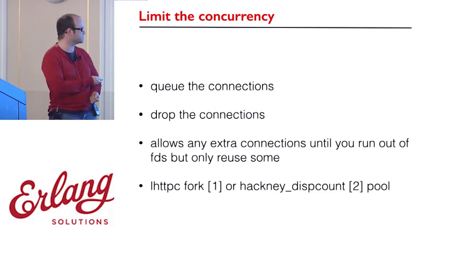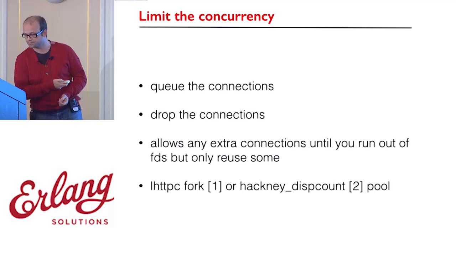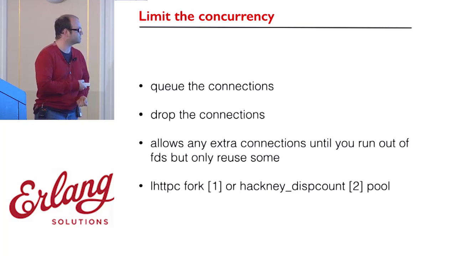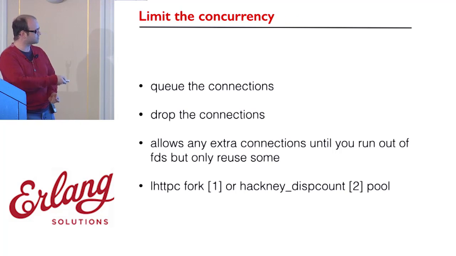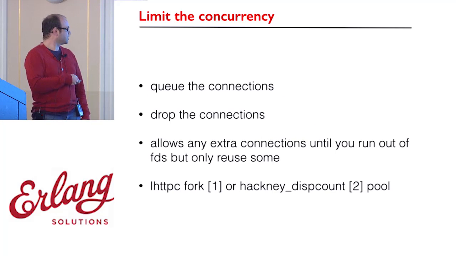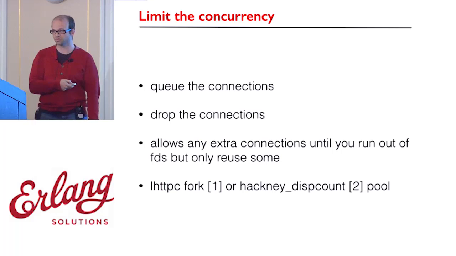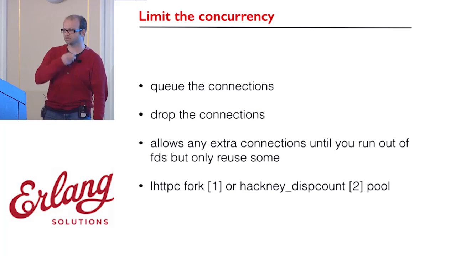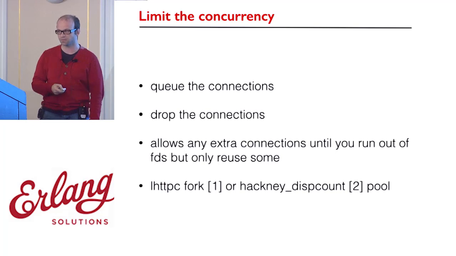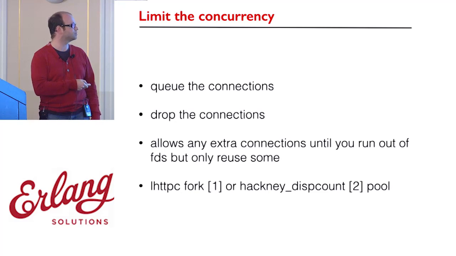So there is an LHTTPC fork that is using dispcount from Fair, and Hackney dispcount, which proposes you to use dispcount, which is a queuing system with a different strategy, to use it as a pool.